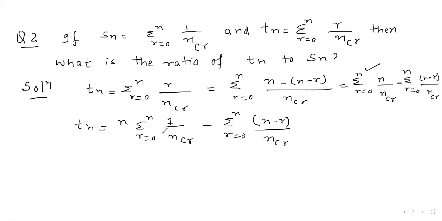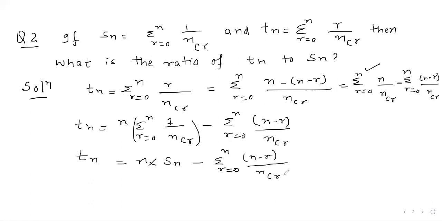Now here Sn is given as sigma r = 0 up to n of 1 upon nCr. So this term will be n times Sn. So we can say Tn equals n times Sn minus sigma r = 0 up to n of (n - r) divided by nCr. Now we have to prove that this term is also Tn.